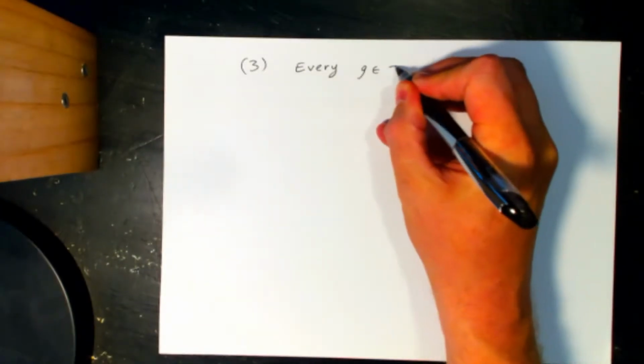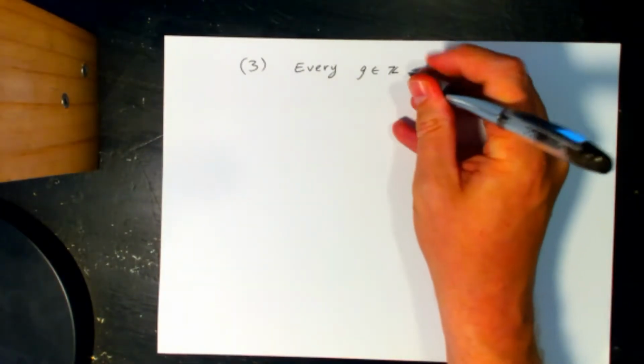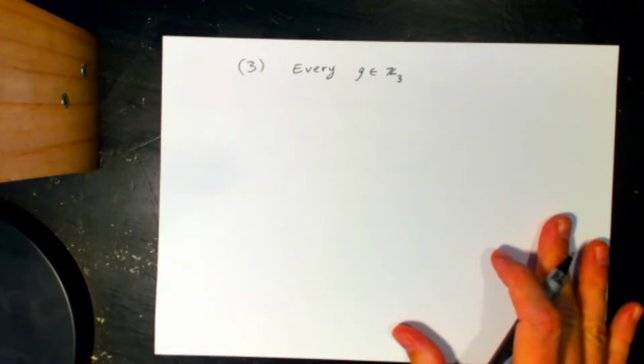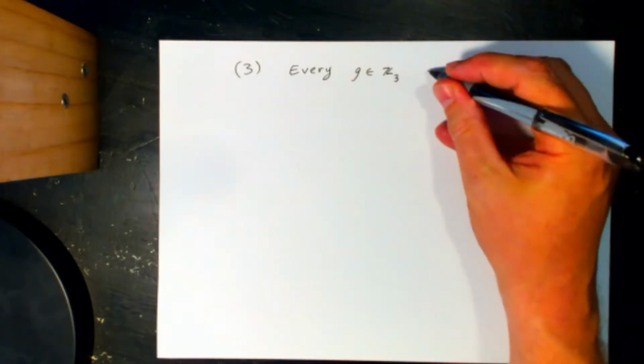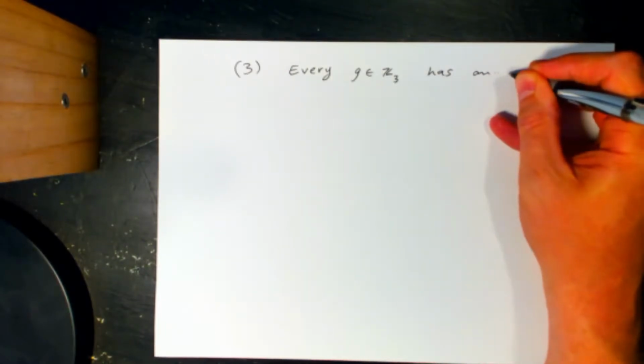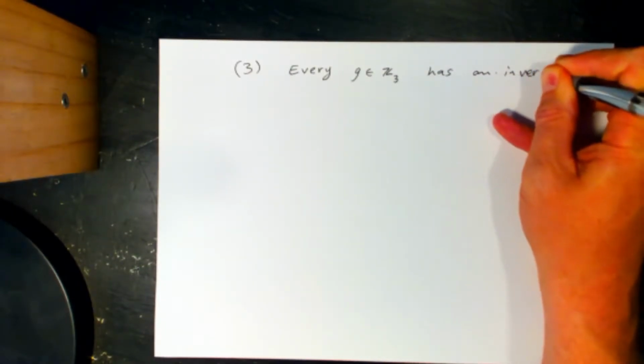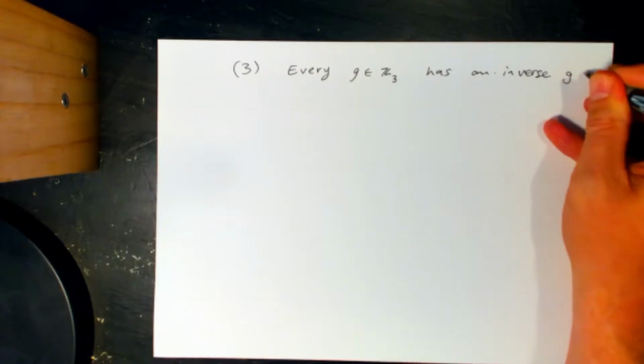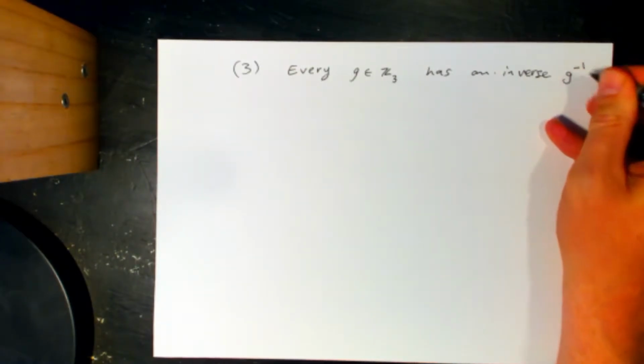which is to say that every g belonging to the set uppercase G, but in our case we're talking about integers mod 3, has an inverse, and we'll write this abstractly, g superscript minus 1.